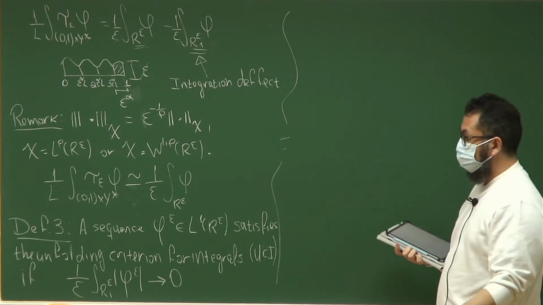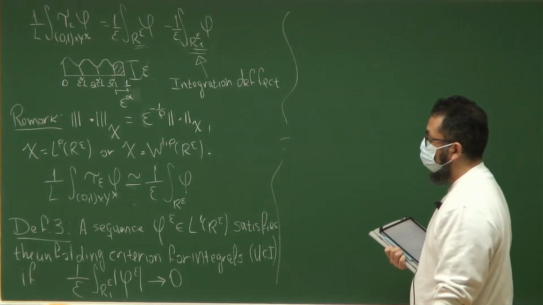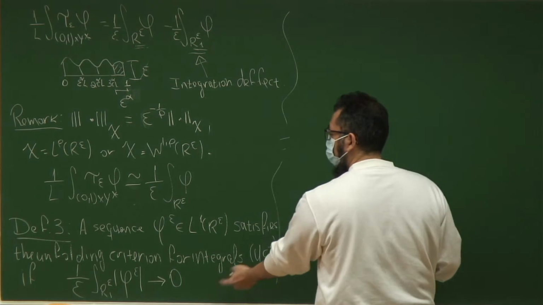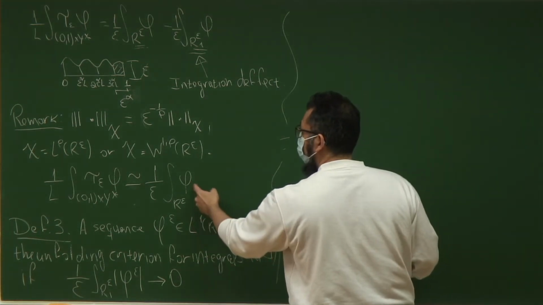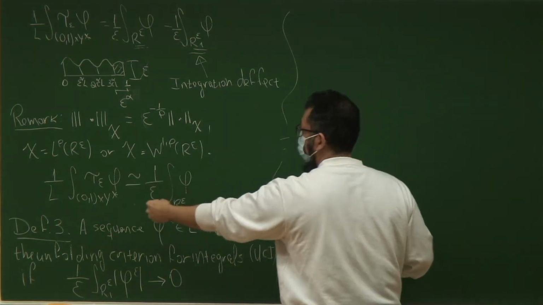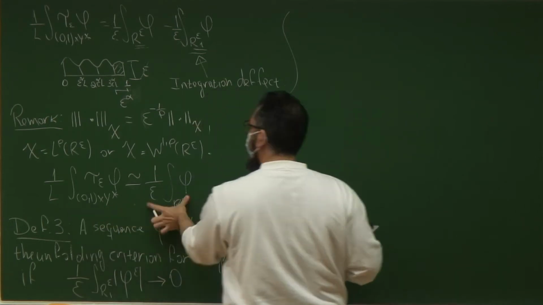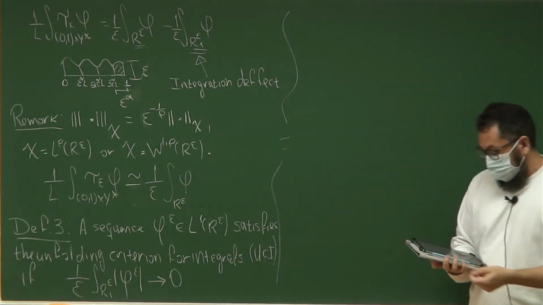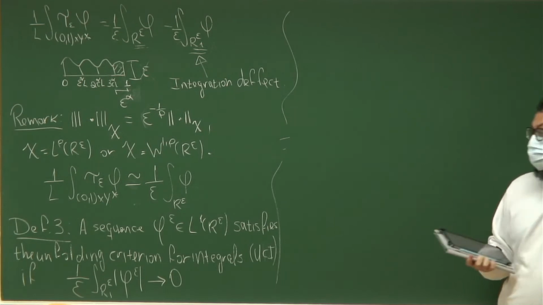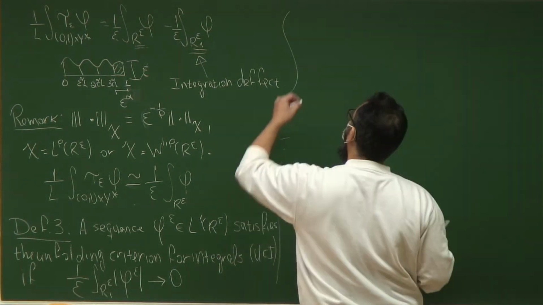So basically, if the sequence satisfies UCI, we will have that once we have the limit of this, we have the limit of this. So it's a very important property.